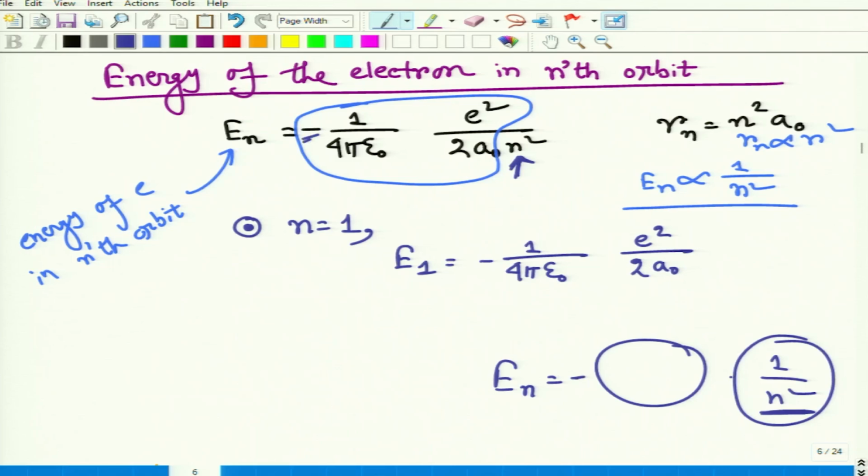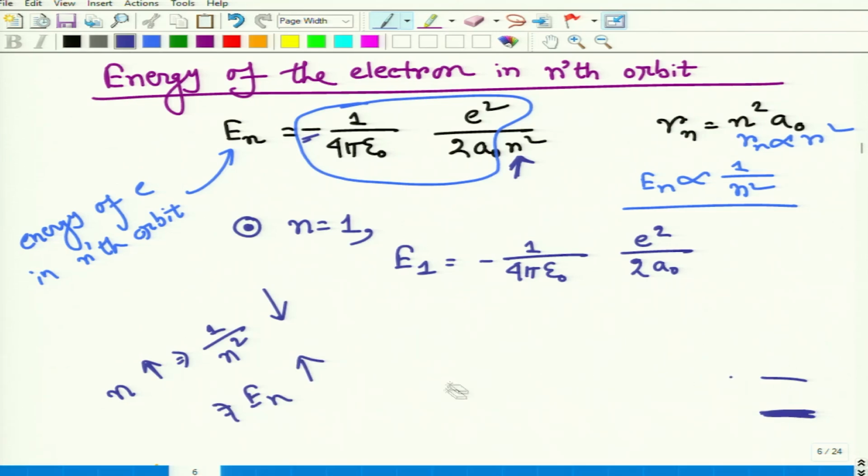As there is a minus sign, En should increase if n increases. If n increases, 1 by n square decreases, and then En increases because of the minus sign. Okay, it's clear.